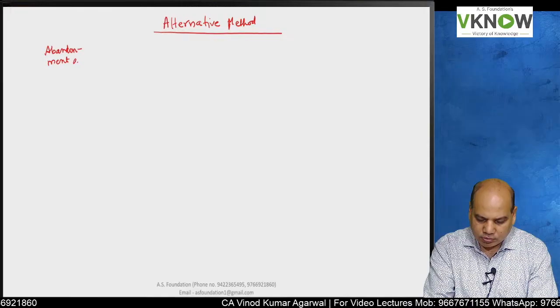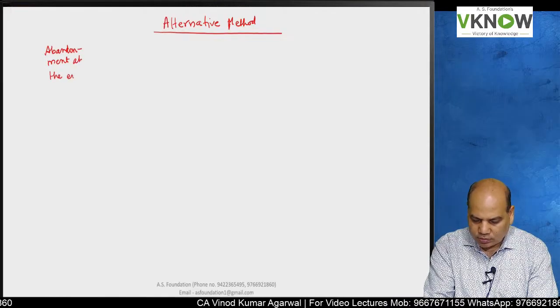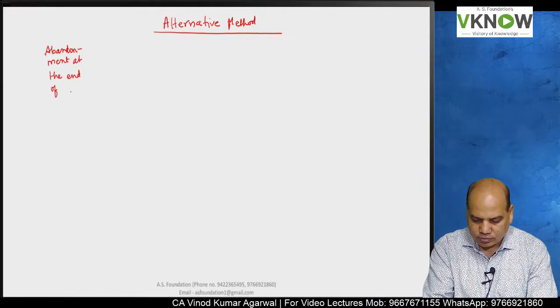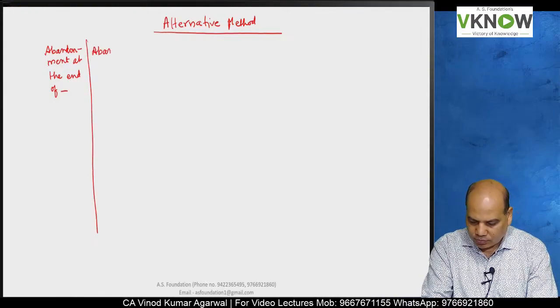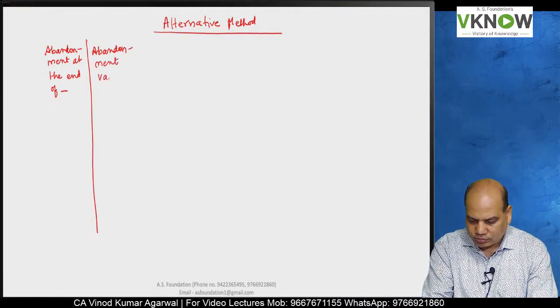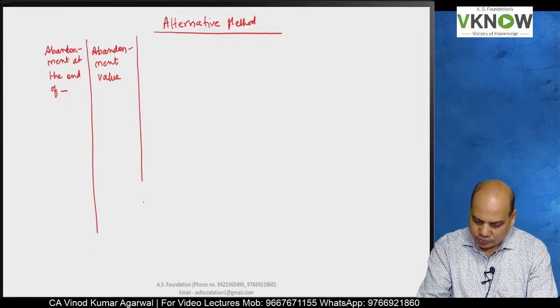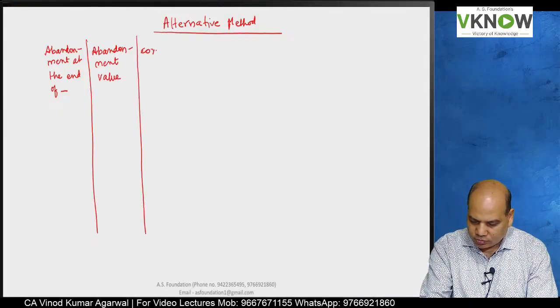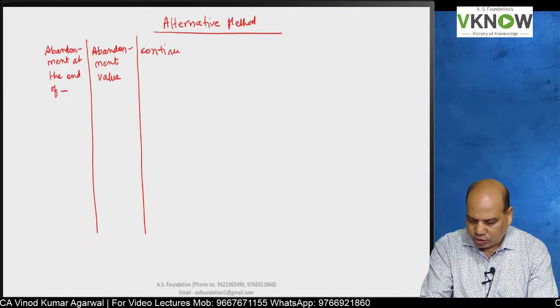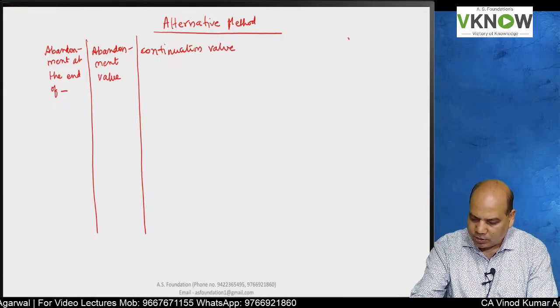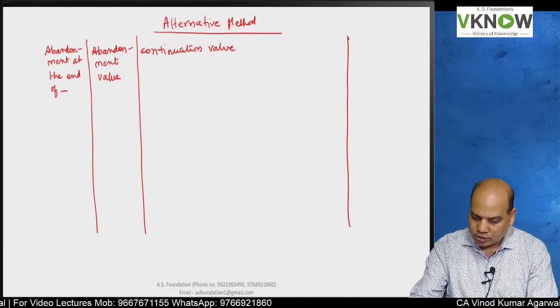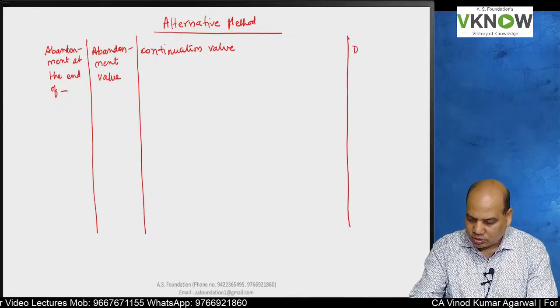Abandonment at the end of year. Abandonment value means scrap value. Continuation value. This will be a little bigger column, and the last column is decision.